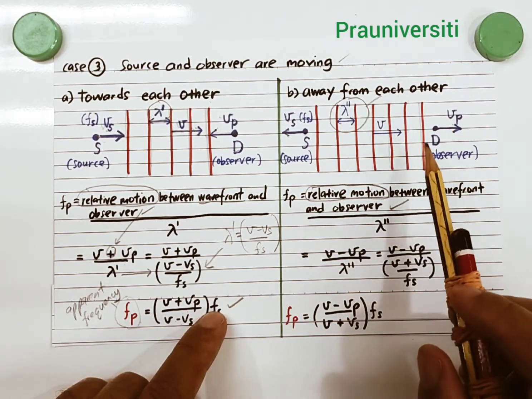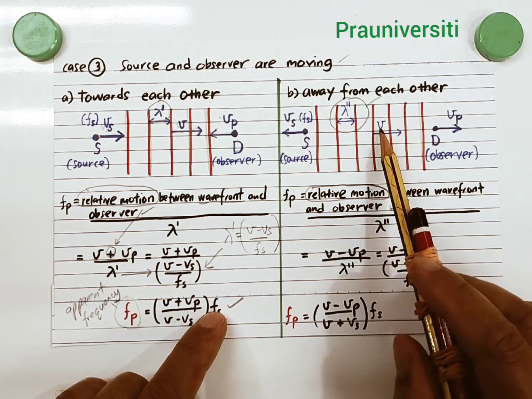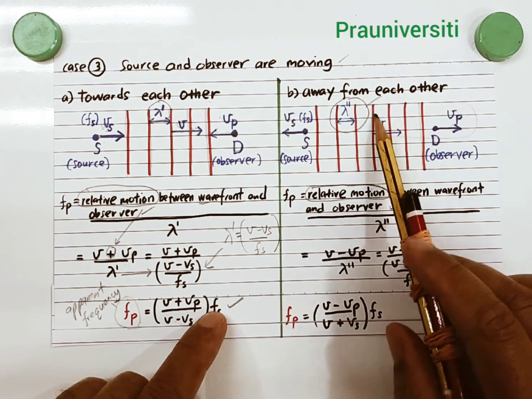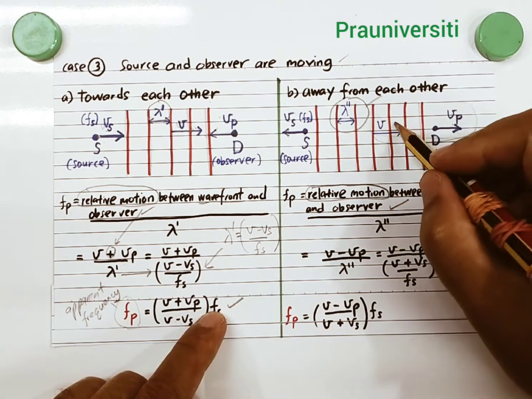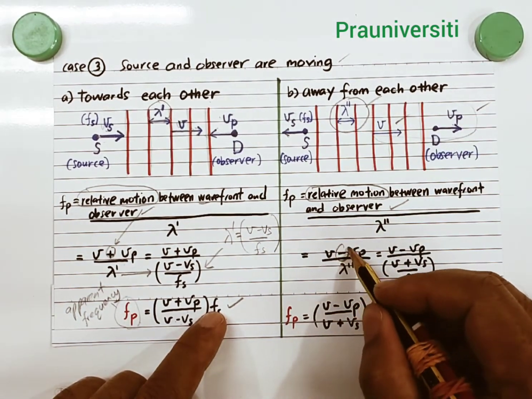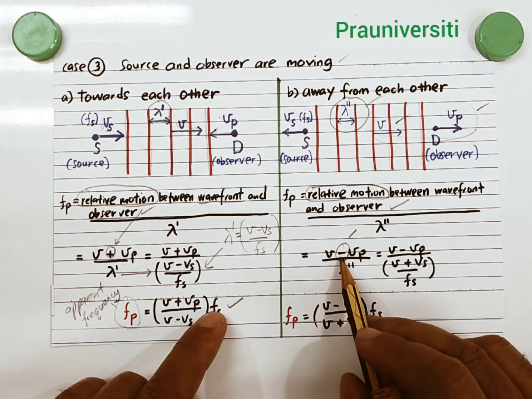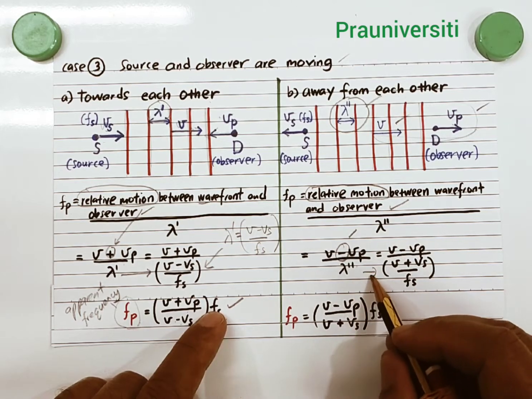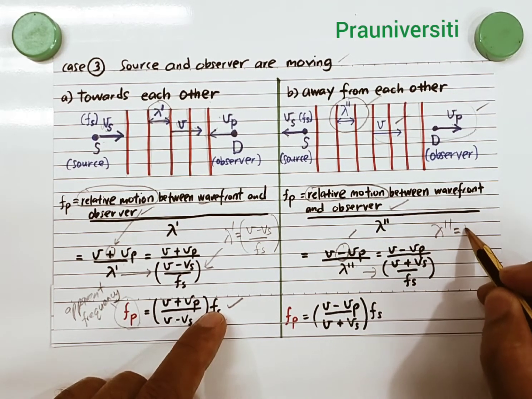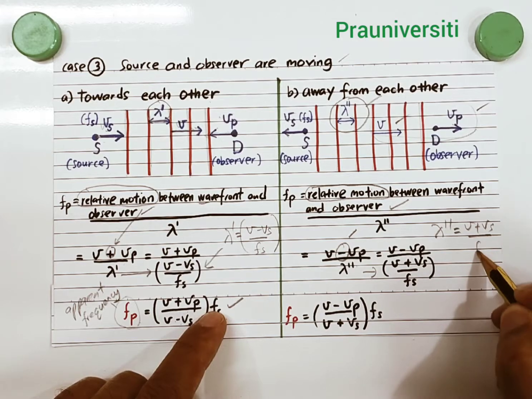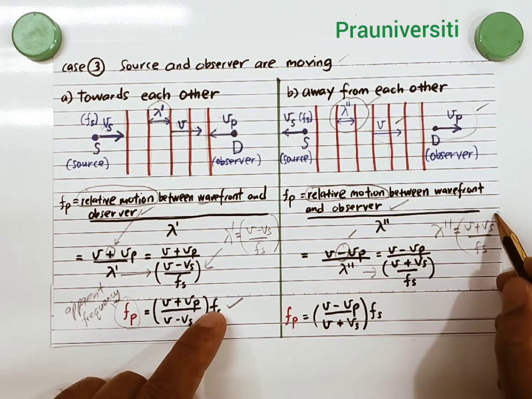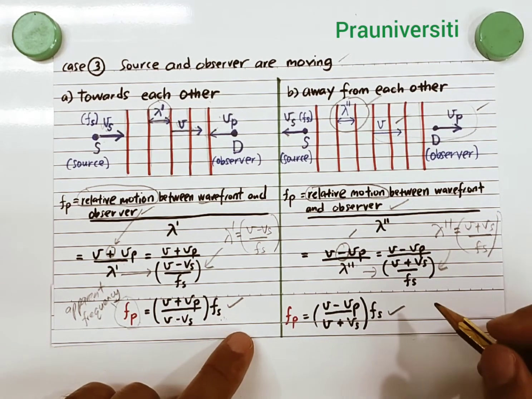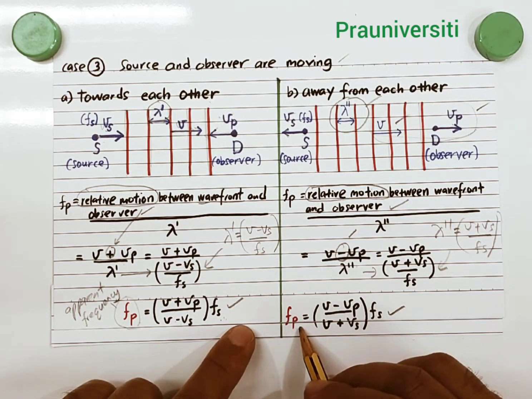The wavefront V is moving here and Vp is moving here, both in the same direction, so we have to use the minus: V minus Vp over lambda double prime. We replace lambda double prime with V plus Vs over Fs, and then we have this equation, so we can find Fp.